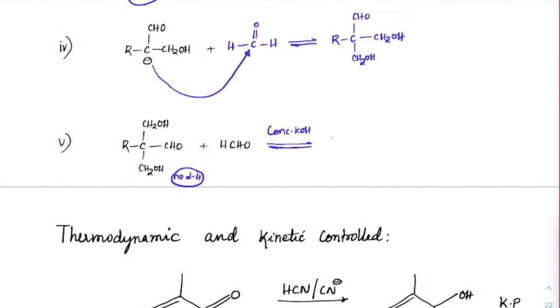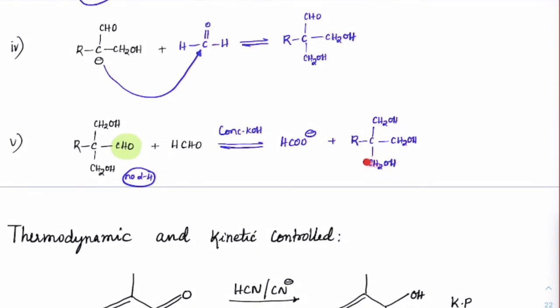In cross Cannizzaro, formaldehyde will always become formate and this aldehyde will always become alcohol. So we will get this as R C CH2OH, CH2OH and CH2OH. This is the product formation. So this is again similar to the swastik. Just now we have discussed this.